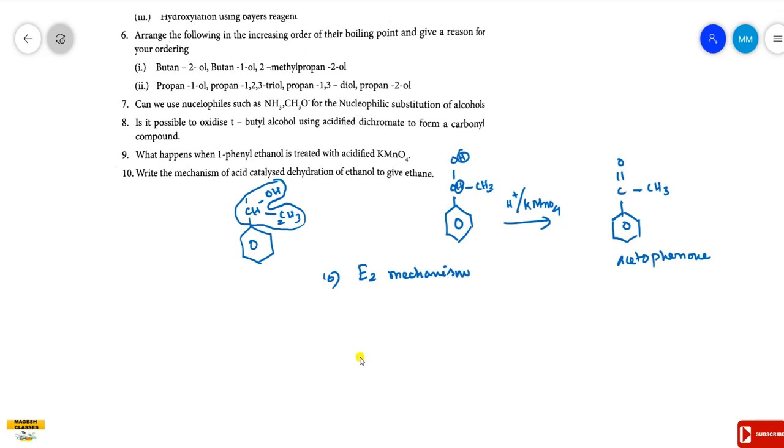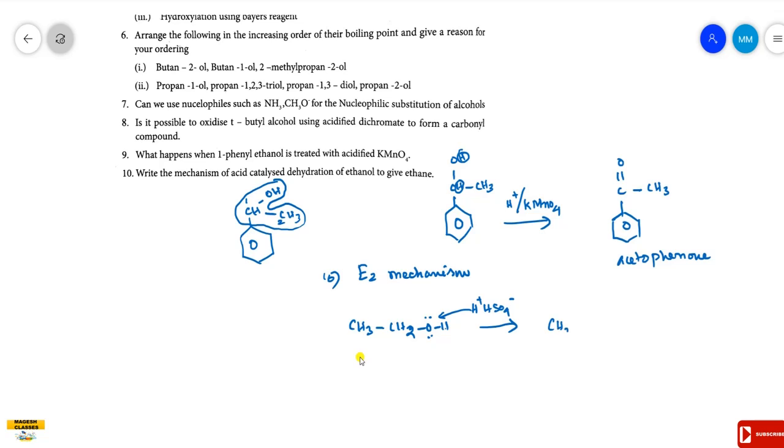The ethanol molecule CH3CH2OH has a lone pair of electrons. When it is treated with concentrated sulfuric acid, it gives H plus and HSO4 minus ions.